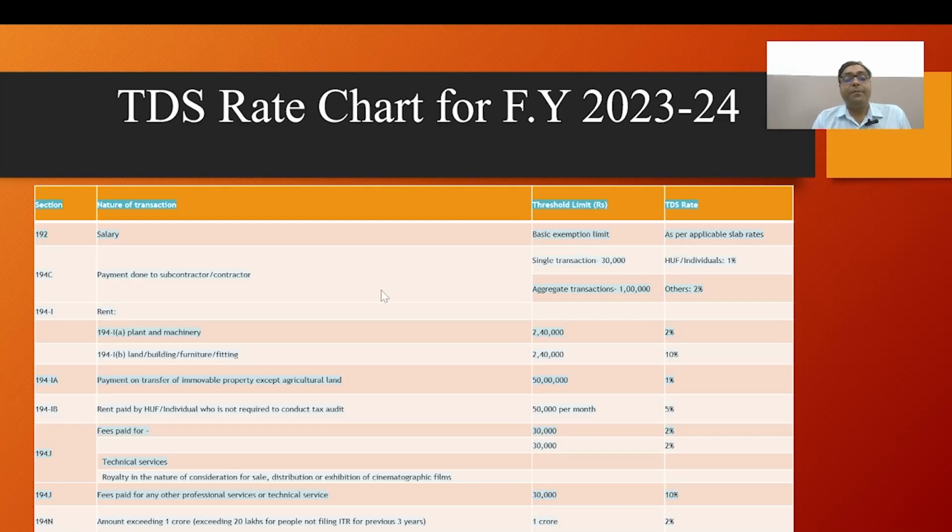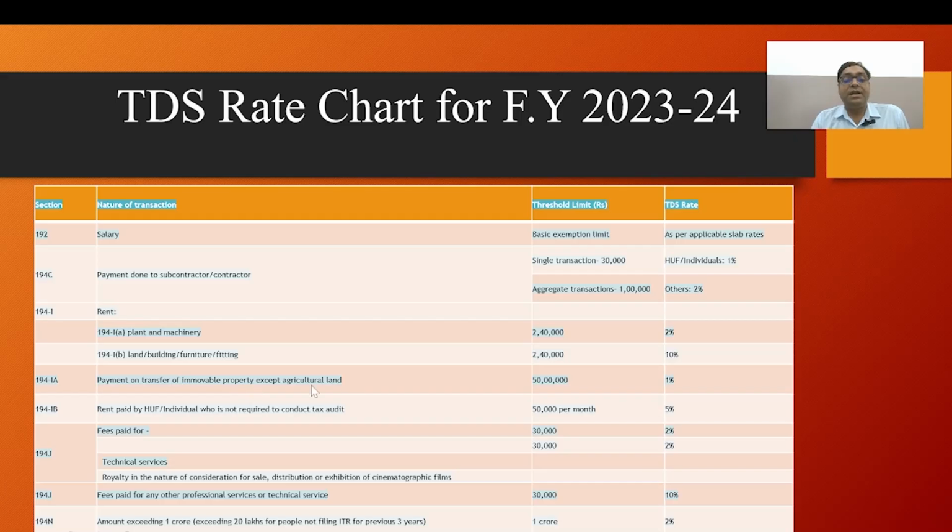Section 194 is payment to a subcontractor and contractor: a single transaction of 30,000 and an aggregate transaction of 1 lakh rupees. It is 1% for Hindu family individuals and 2% for others. And rent under 194 is 2% for plant and machinery, and 10% for land and building.